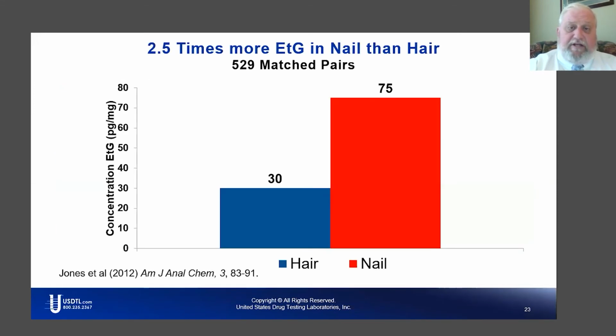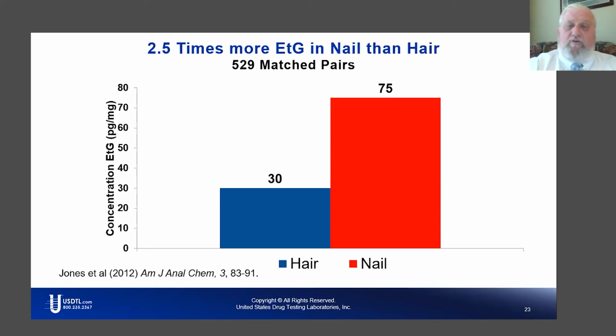Now, this is interesting, the next slide. Here we're looking at ETG, which is slightly acidic, not alkaline. This was a paper that we published following the execution of a phase 2 National Institute of Health grant, a little after 2010.